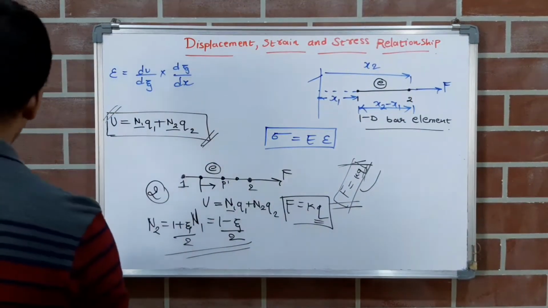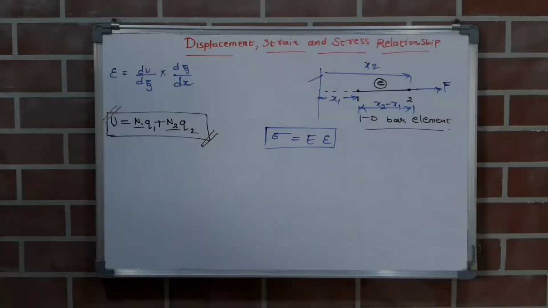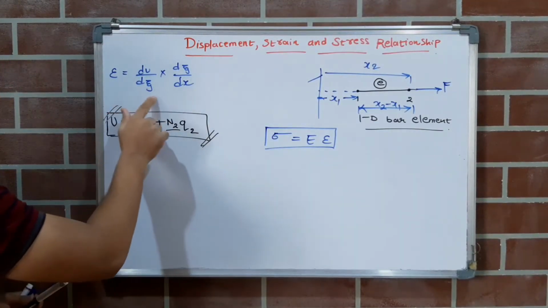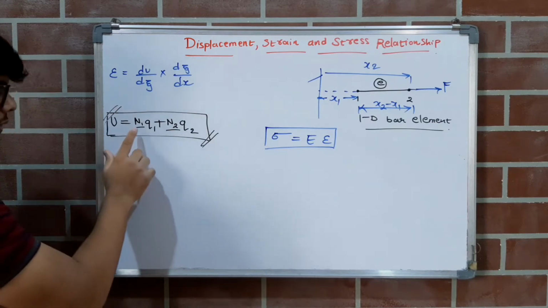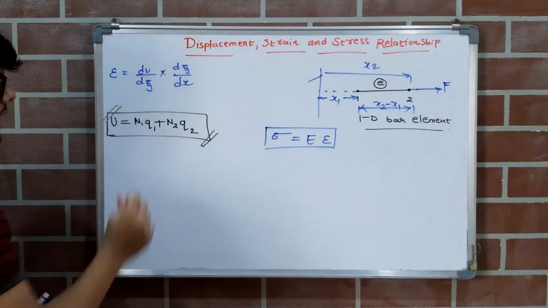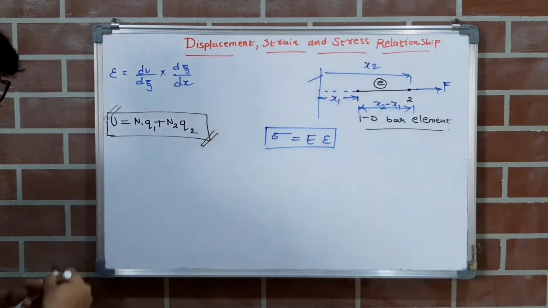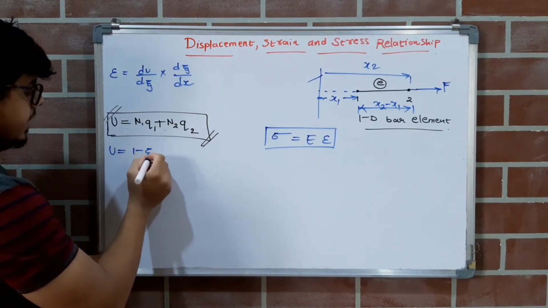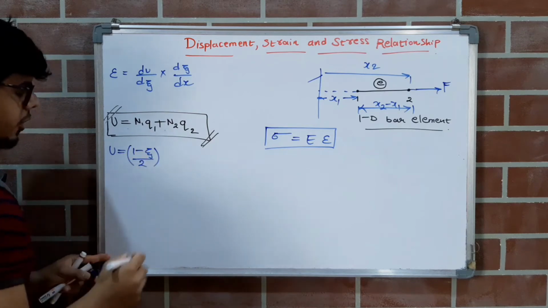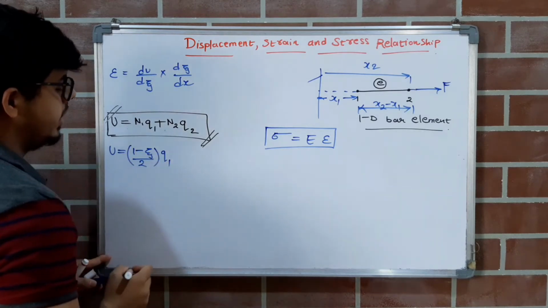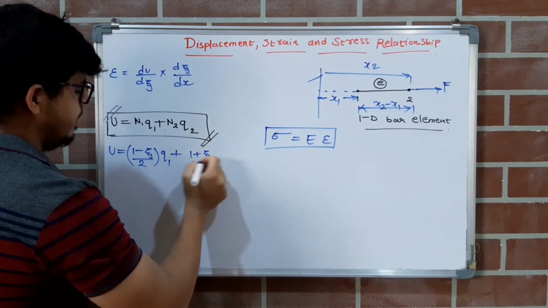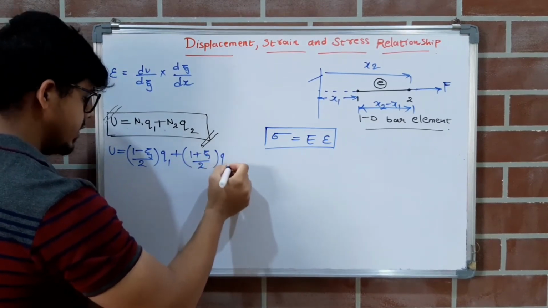So we have this formula u. What we will do, we will differentiate with respect to zeta. But before differentiating with respect to zeta, we have to convert this shape function into zeta terms. So just observe me. This is u, n1 is given by (1 minus zeta) upon 2 into q1. q1 is the nodal displacement, and n2 is given by (1 plus zeta) upon 2 into q2.